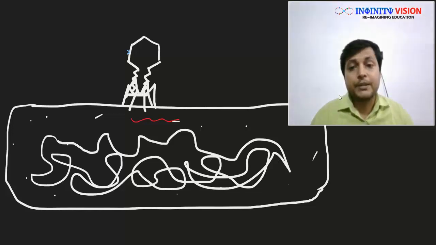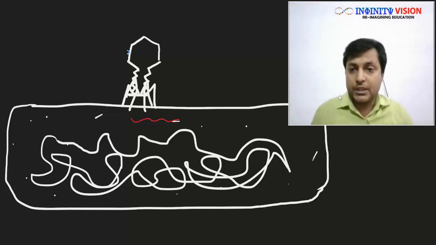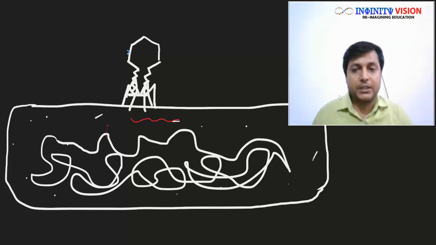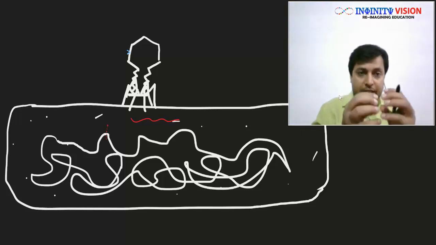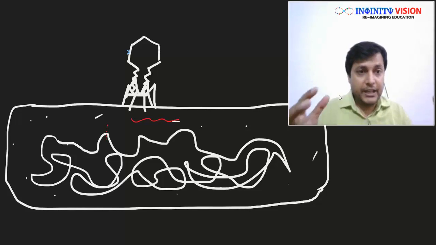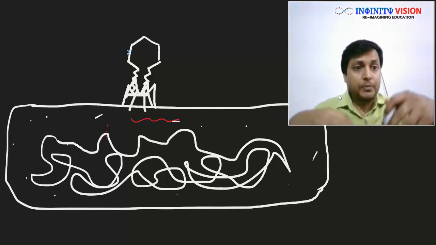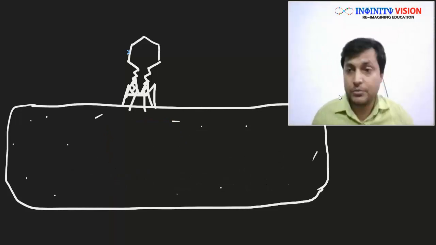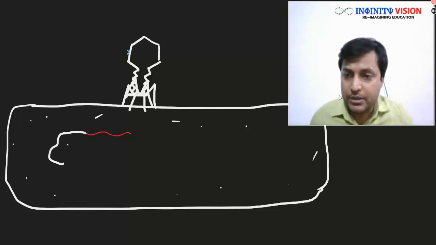Now what happens? The bacterial genome is cut at one place. Say, for example, it is cut at this place, so the bacterial genome will open up, and the viral genome will get incorporated into the bacterial genome. Suppose this is the viral genome.